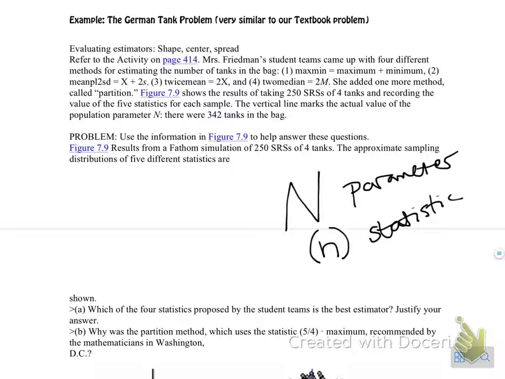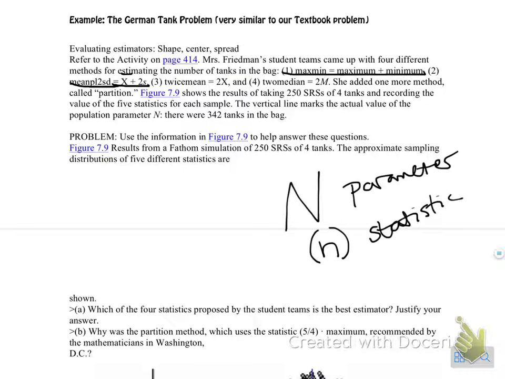The first one was called max-min, and basically they just took the maximum plus the minimum. The second one was mean plus 2 standard deviations, and they just took the mean and then added 2 times the standard deviation. I think that should be an X bar.